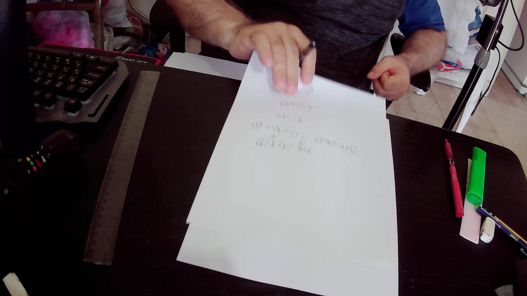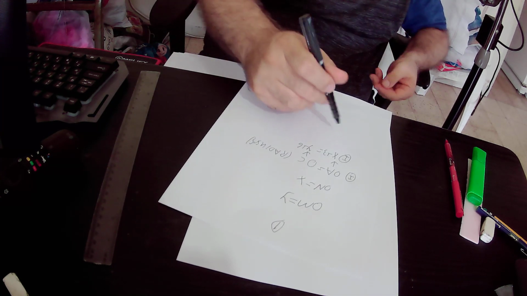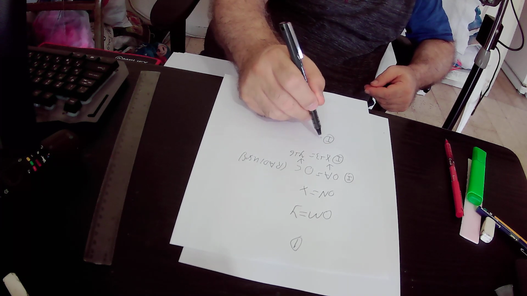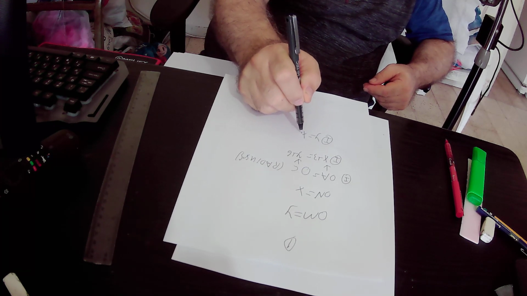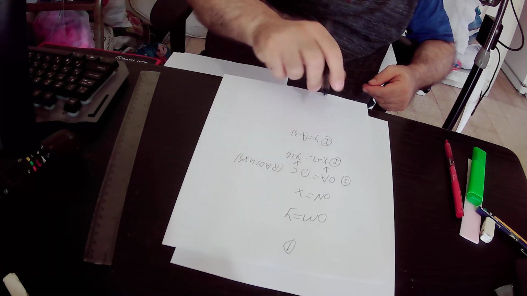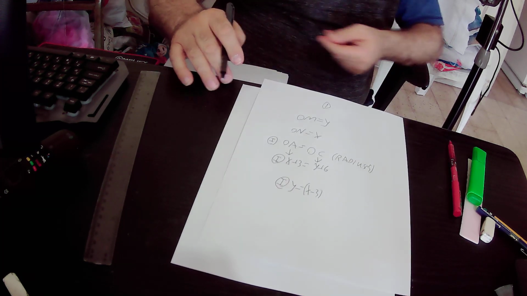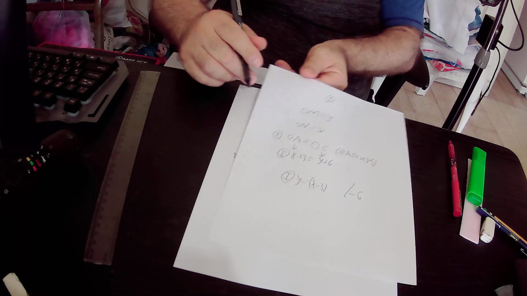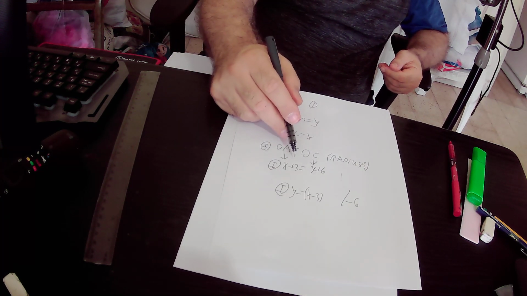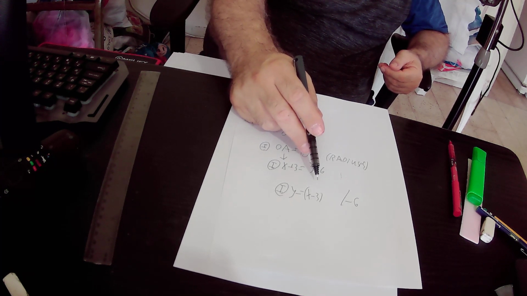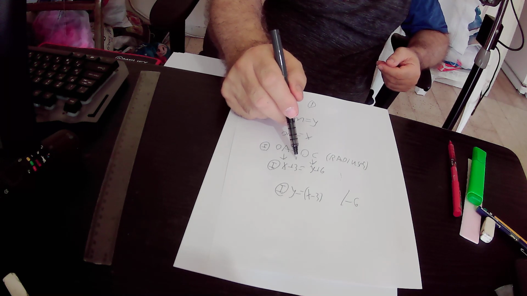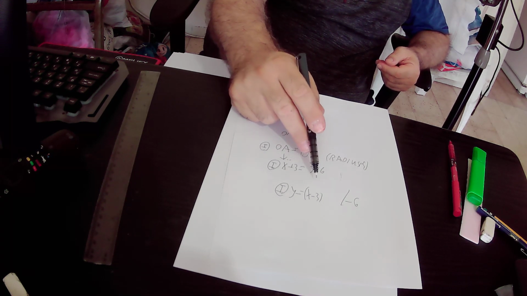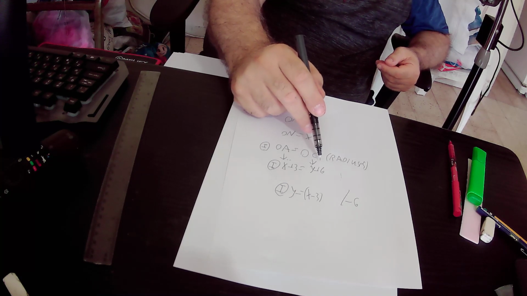We will get that y equals x minus 3, because x plus 3 minus 6 equals x minus 3, since 3 minus 6 equals minus 3, and y plus 6 minus 6 equals y.